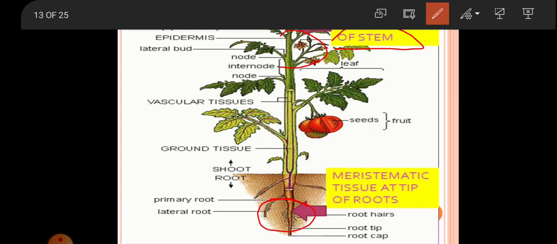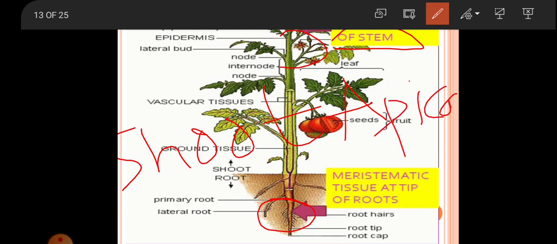This is the shoot apical meristem, also known as the SAM. So that is the shoot apical meristem, known as SAM.